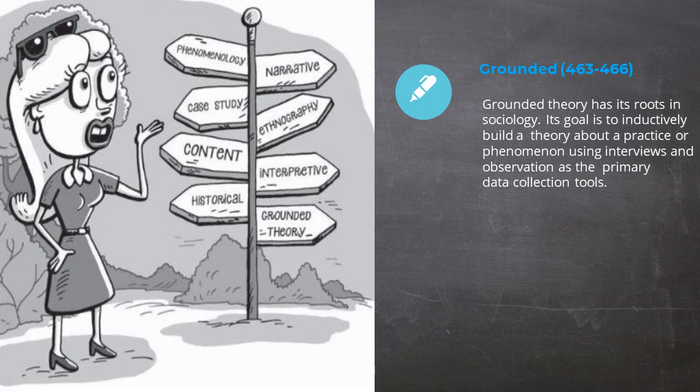And before I close the explanations of these eight types of qualitative research methods: in grounded theory, the data are collected and analyzed systematically.